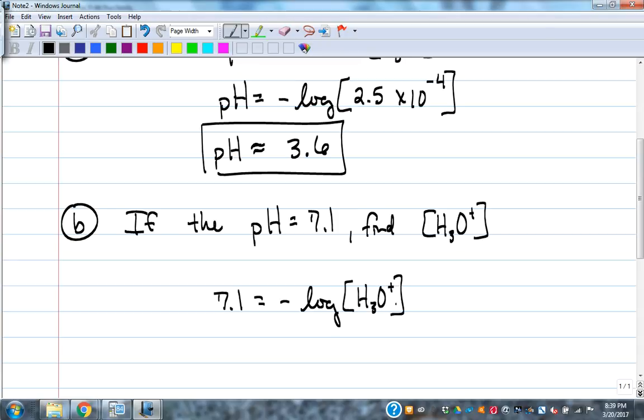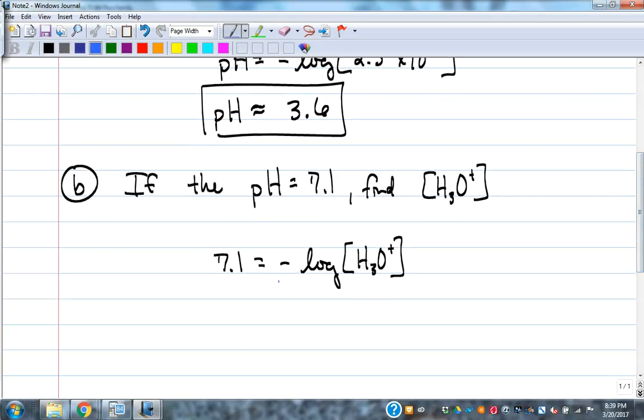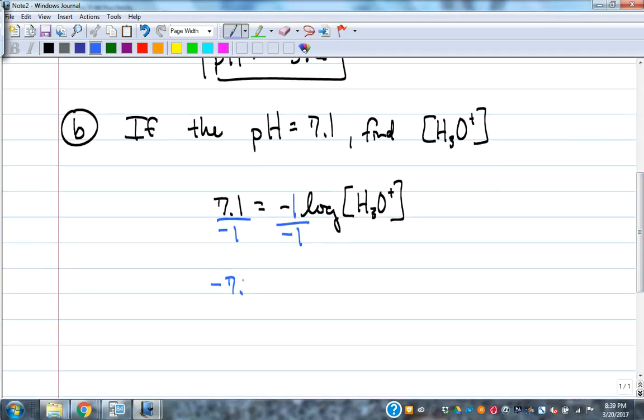Pretend that's like an X, log of X. Remember that's log base 10. What I would do here is, that's like a negative 1 sitting in front of that, right? Get rid of it. That's negative 7.1 equals log base 10 of the concentration of H3O positive ion.